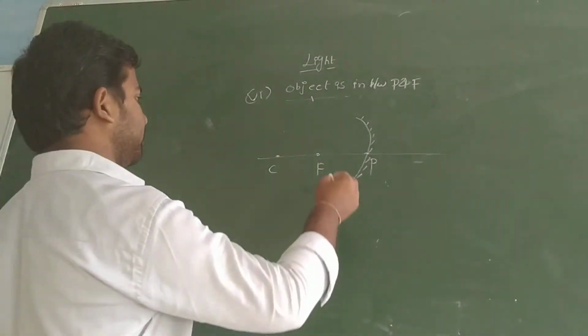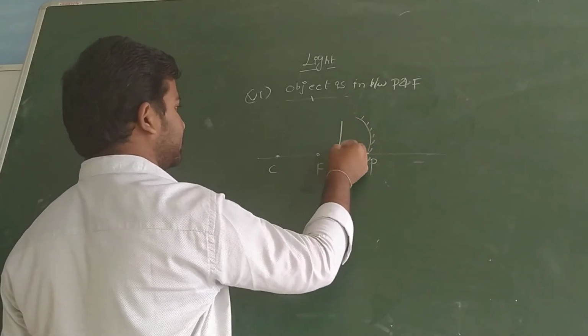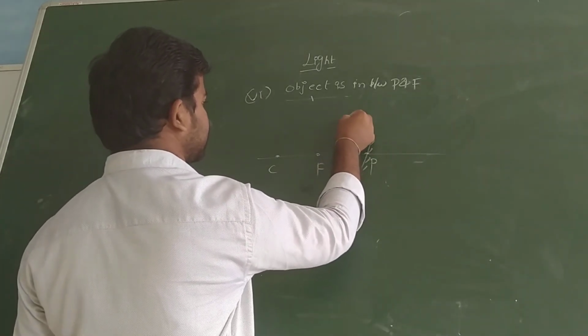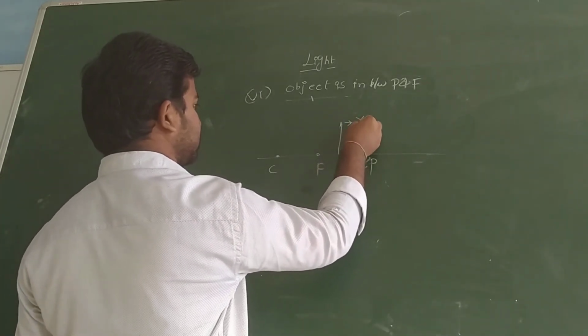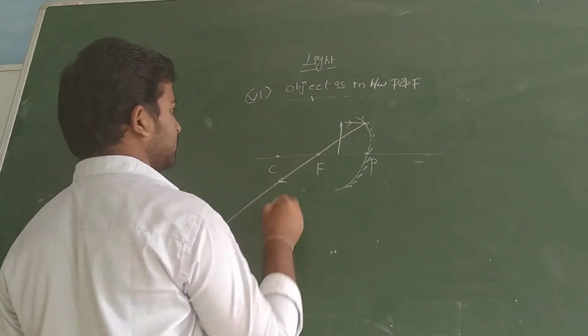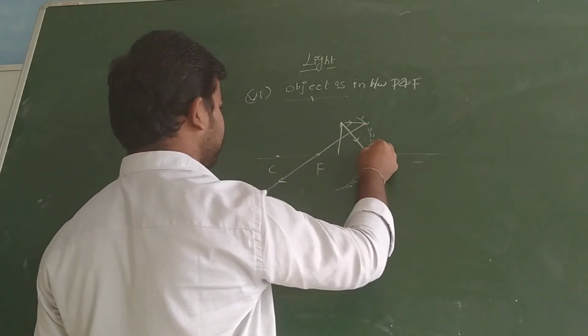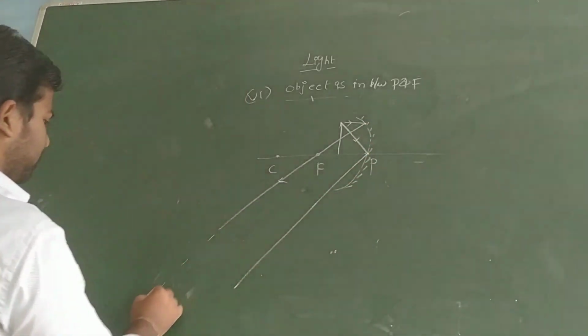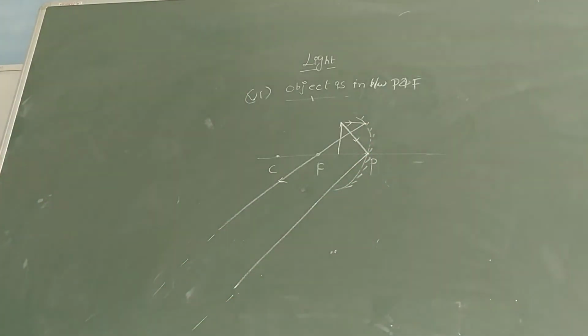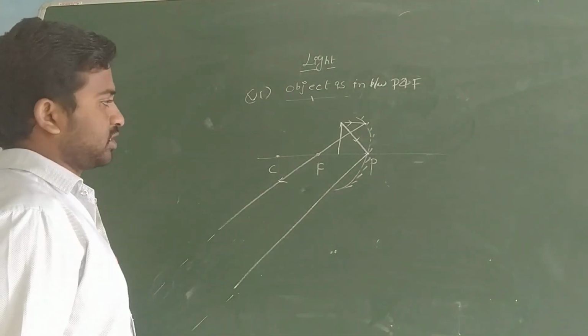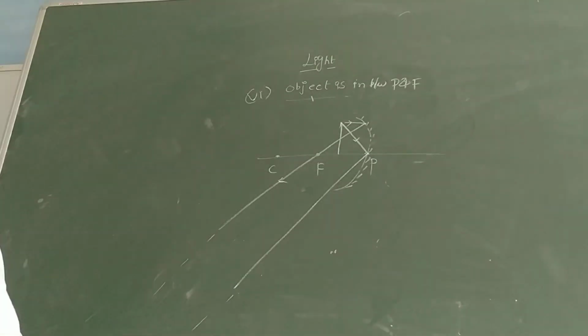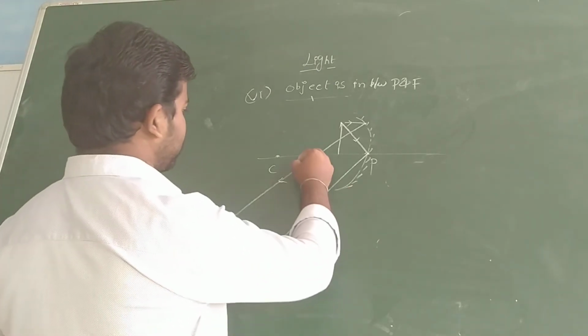So if you keep the object in between P and F, what happens you can see. The ray passes through focus, and whenever an incident light ray is incident obliquely on the pole, it is also reflected obliquely from the pole. Then if you look for an intersection anywhere, there is no intersection. You can extend these reflected light rays anywhere, there is no intersection there.